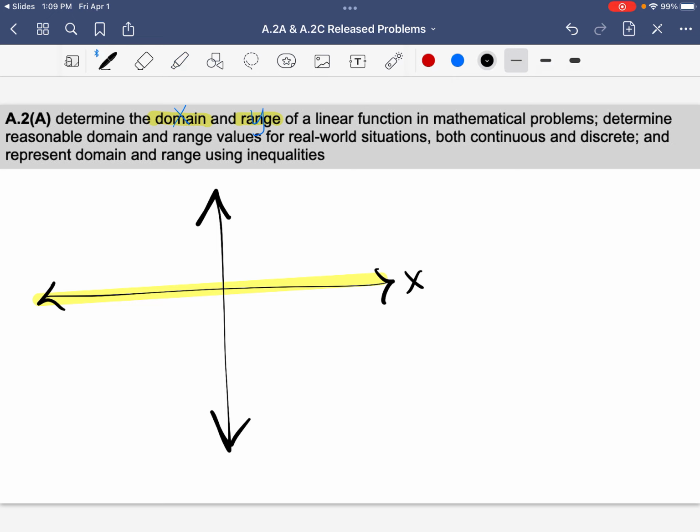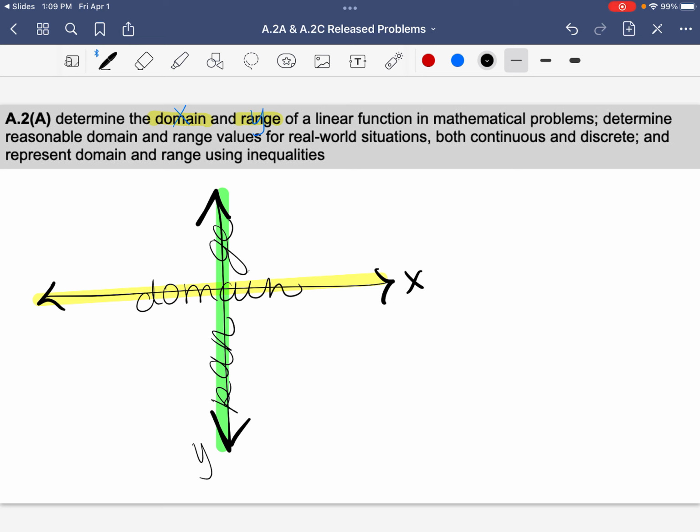So this would be my domain. And then for my range, I would want to look at the y-axis to see all of the possibilities. So again, this y-axis is my range.